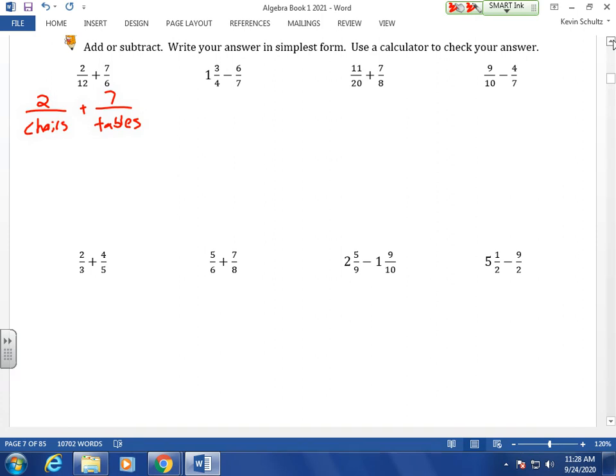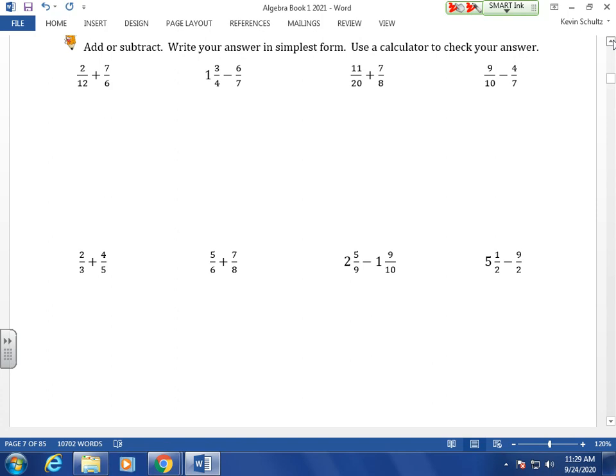But anyway, if you were a zookeeper, you would not take 2 pandas and put them with 7 lions. That wouldn't end well. Okay? Things need to be the same to combine them. All right? So we need to make the denominators the same. And the way this is written, we can do it 2 different ways. We can either take this 2/12 and simplify it to be a 6th, or we can take the 7/6 and make that 6 into a 12.